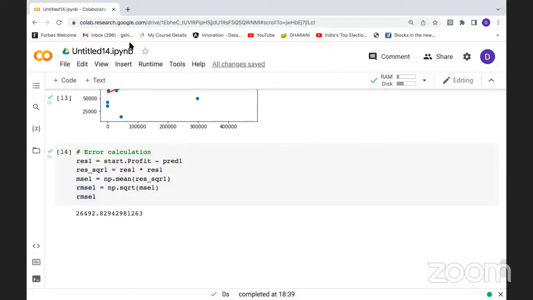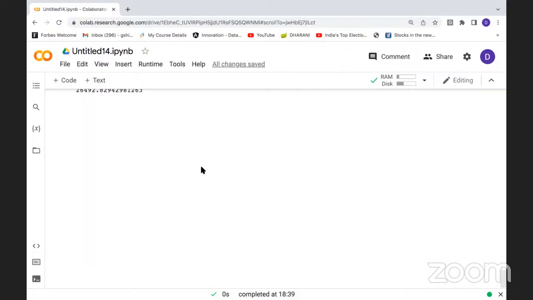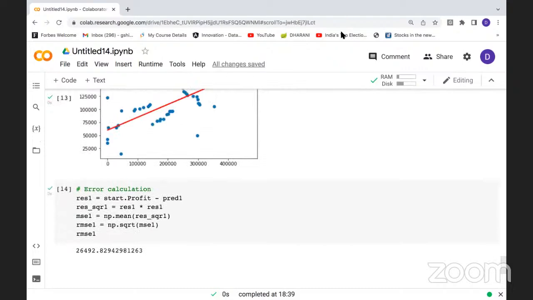All these will lead to a point which is called the assumptions of linear regression. So what are the assumptions?